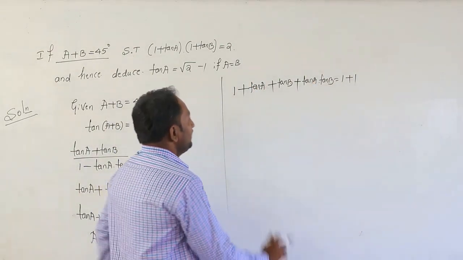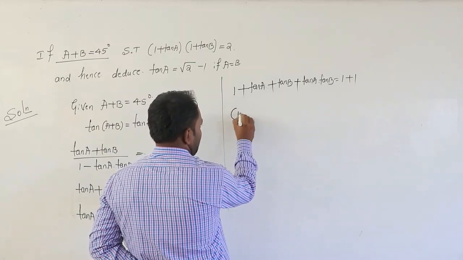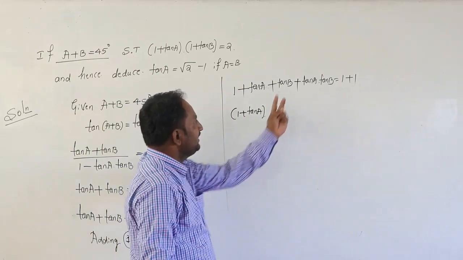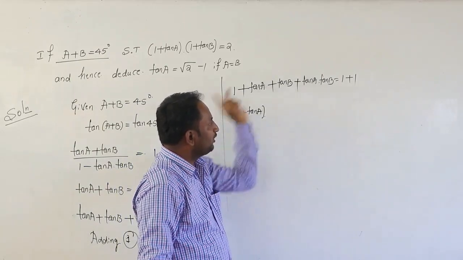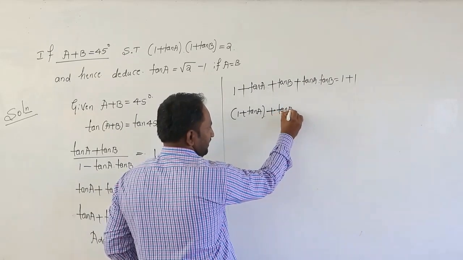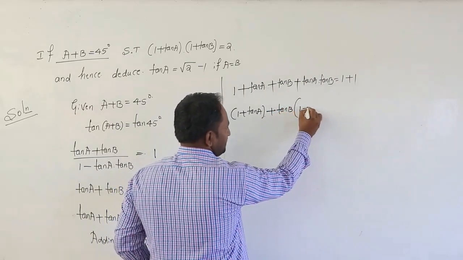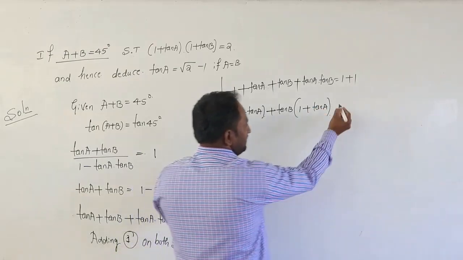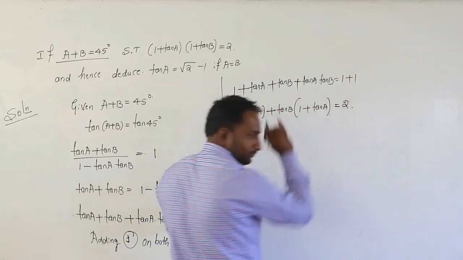We get 1 plus tan A, and in these two terms we can take tan B as common, tan of B, we get (1 plus tan A). We get the result is equal to 2.